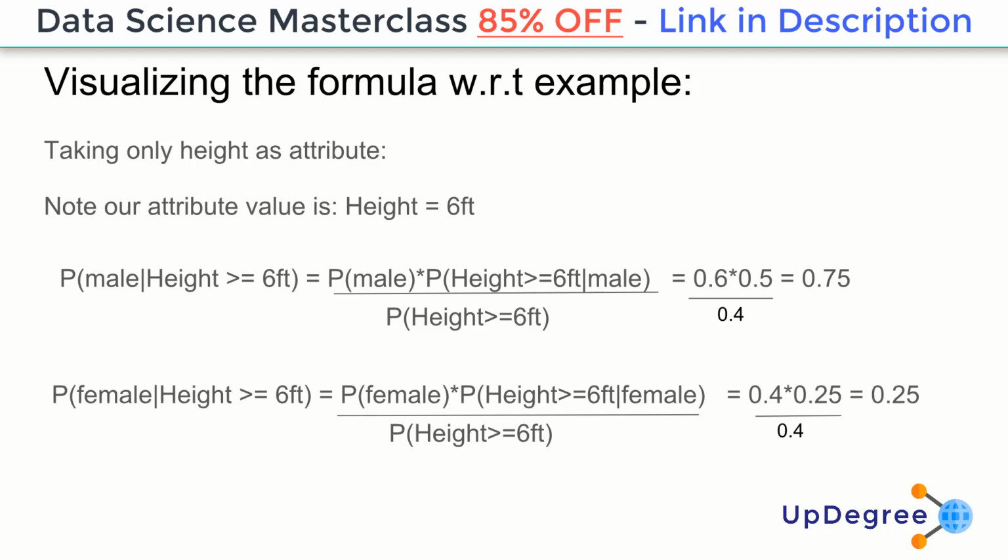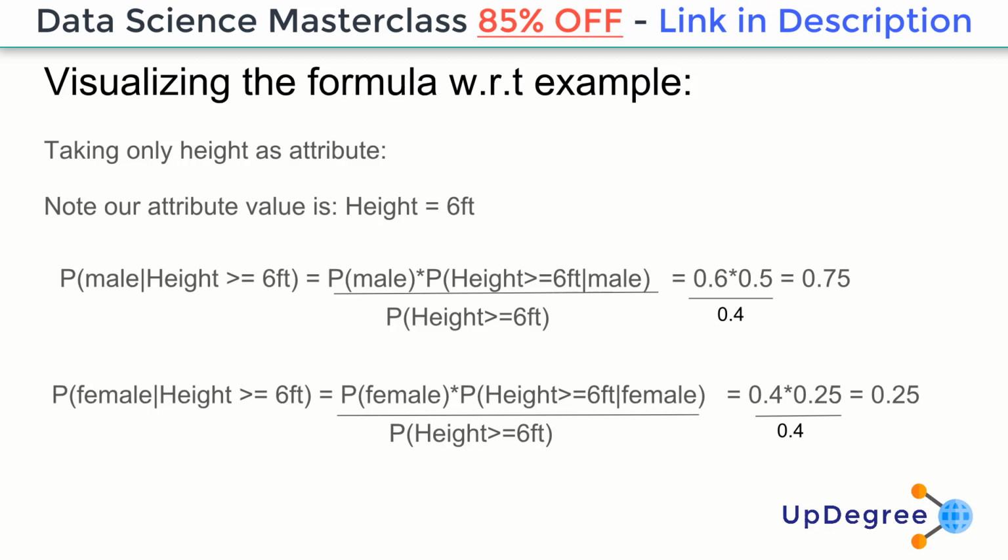Now we want to find the same for the female. Obviously it will be 1 minus the male class, because both the probabilities should add up to 1, like all good probabilities should. So for the female class, we do the very same thing. Anyone in that room has a 0.4 chance of being a female, because there are 40 out of 100 females. And how many among the females are more than 6 feet?